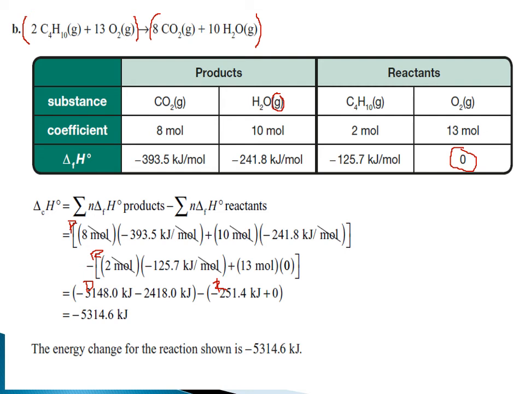Okay, and we have a negative number. The energy change for this reaction is negative 5,314.6 kilojoules. Hopefully we clued in that we're burning butane. Combustion reactions, the reason we burn them is for energy. So this is an exothermic reaction. It's a combustion reaction. It makes sense that, oh, right, we're giving off energy.